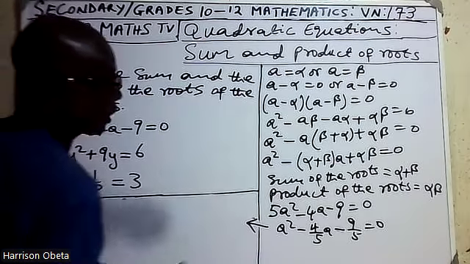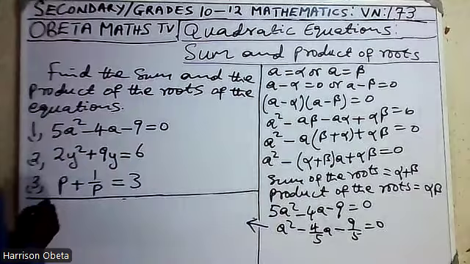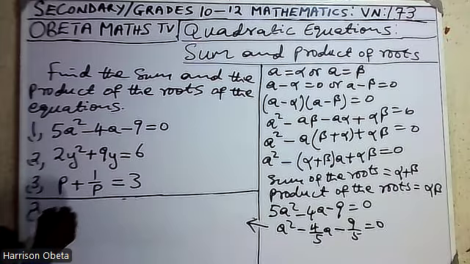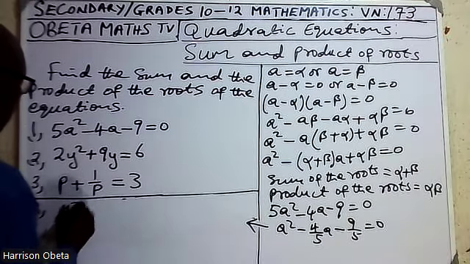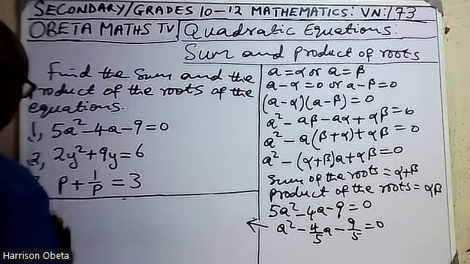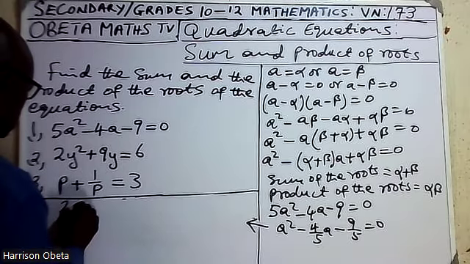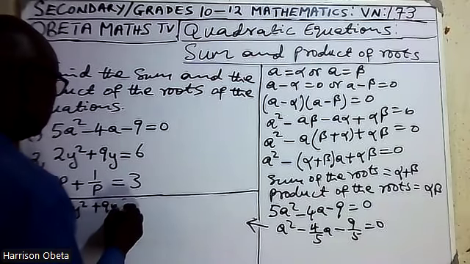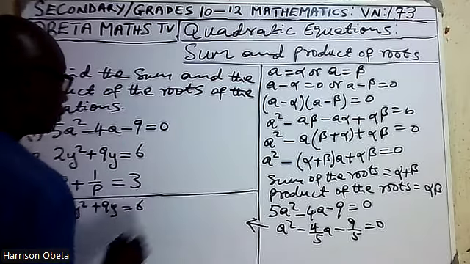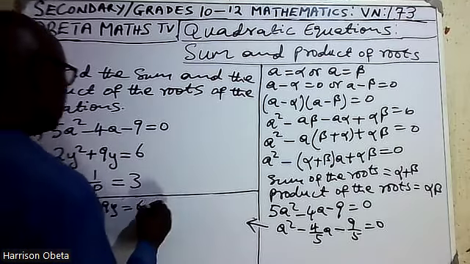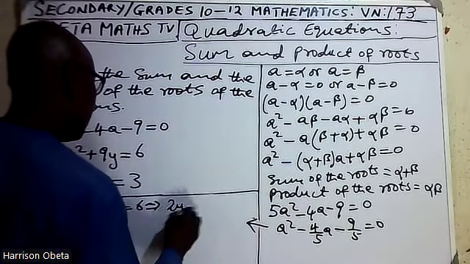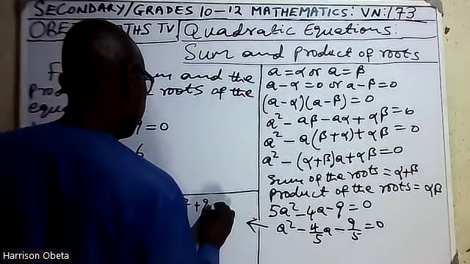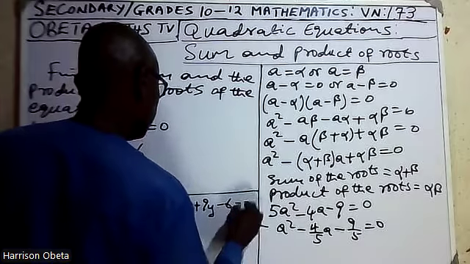For number 2 now, we'll be talking of 2y squared plus 9y is equal to 6. And that will lead us to 2y squared plus 9y minus 6 equal to 0.